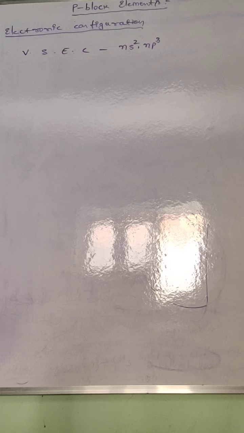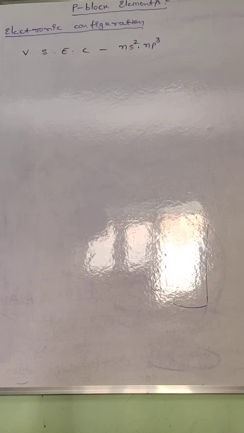Okay? ns2 np3 is the valence electronic configuration of 15th group elements. It is also known as the outermost shell electronic configuration. It is the outer electronic configuration of these elements.